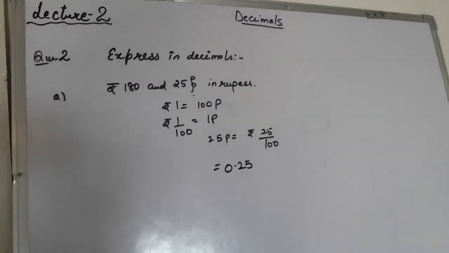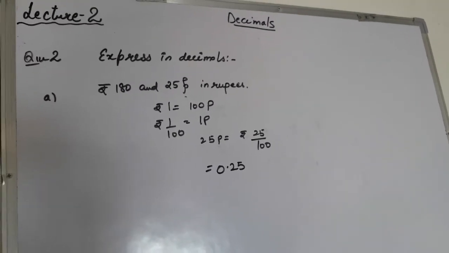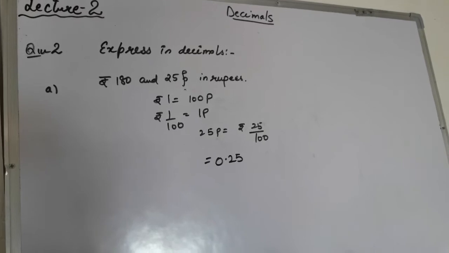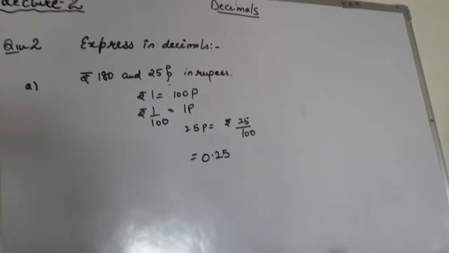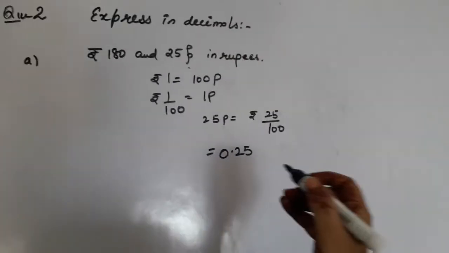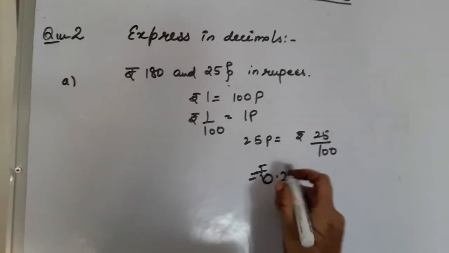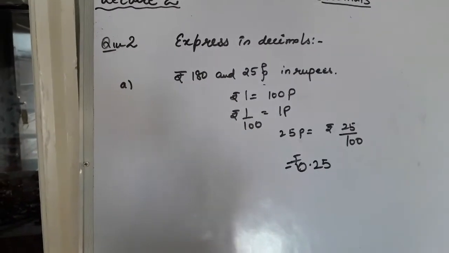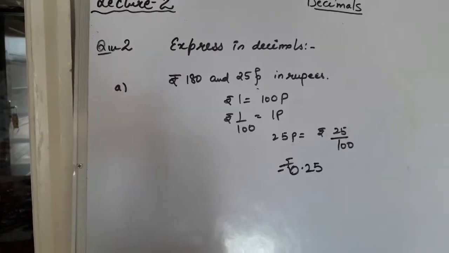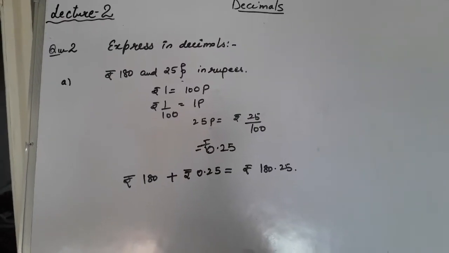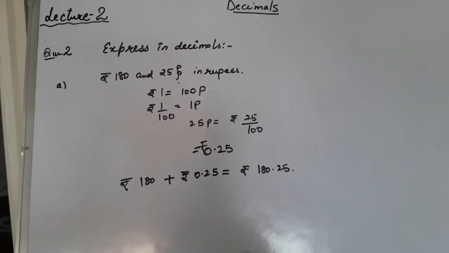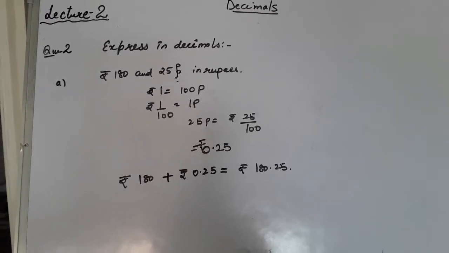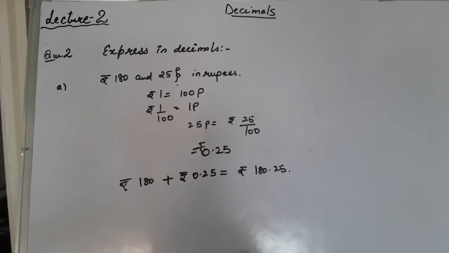To make it clearer, you can see my previous videos where I have explained it fully. Now it comes to 0.25 rupees. Now rupees 180 and rupees 0.25, you can add them and it makes rupees 180.25. It comes in decimal form.